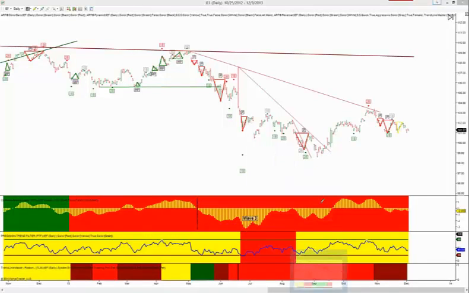That's important. Now, the oscillator never went above the 0 line. See? So that means that this entire move was wave 3. And because prices are at the lowest point here, that is wave 3. And notice you had bullish divergence building inside wave 3 as we get ready to go into wave 4.